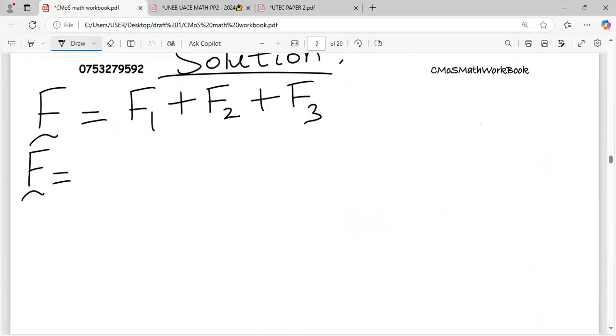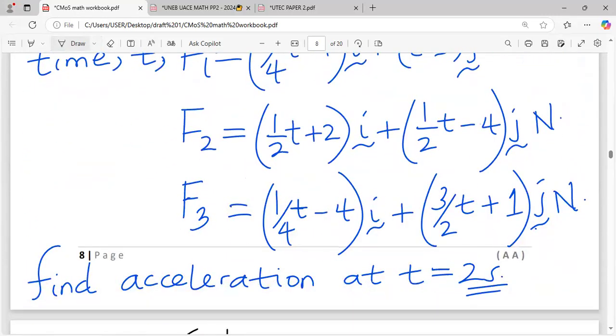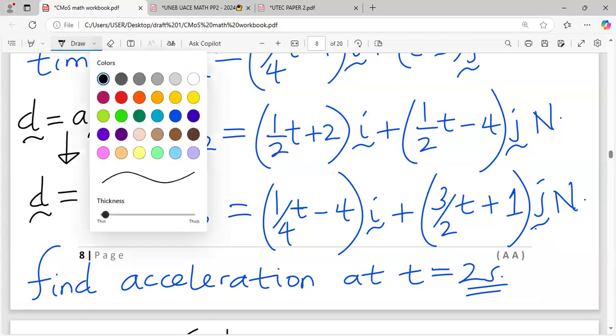And let me hope you people are aware that if you have a vector D, which is ai plus bj, this one can actually be written in column form as a, then b. Are people aware of that? I remember teaching people yesterday this stuff.